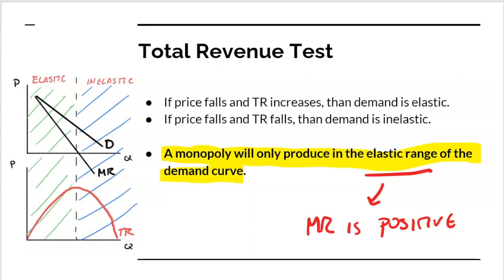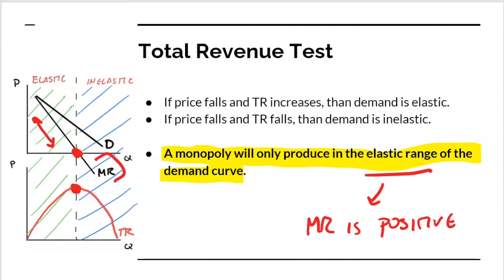And so if you notice on this graph on the left, we have this point right here where marginal revenue crosses the x-axis. And we talked about this at the beginning of Unit 3. When marginal revenue is 0, our total revenue is at its peak. So when marginal revenue is 0, that is the last possible instance where a firm is going to be producing. So they're only going to be producing in this range right here.